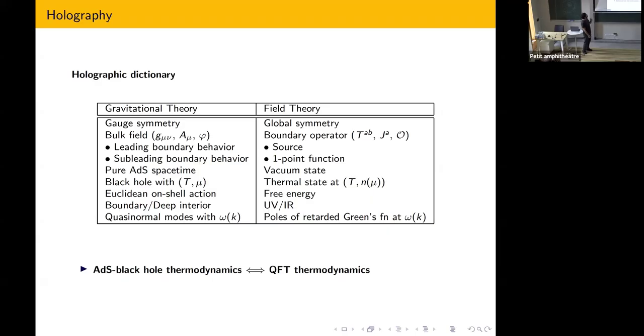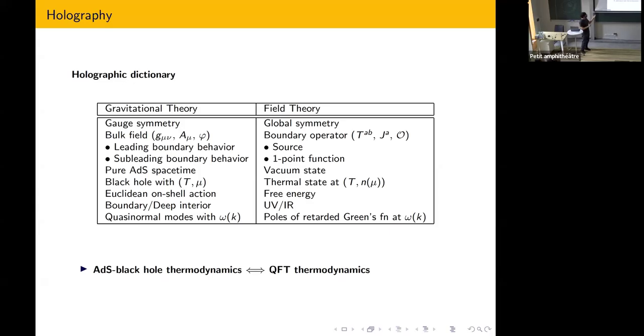Okay, so as I said before, the leading boundary behavior of these fields corresponds to sources in the QFT, and the subleading behavior corresponds to VEVs of operators. Some examples of states, as I discussed, is that a pure AdS spacetime corresponds to the vacuum state of the quantum field theory.